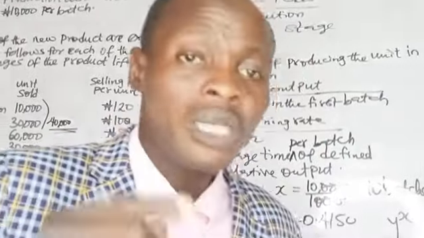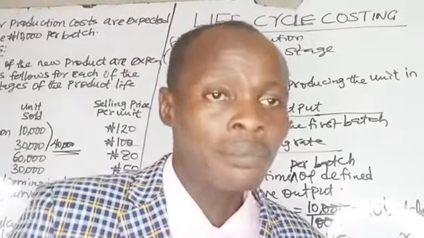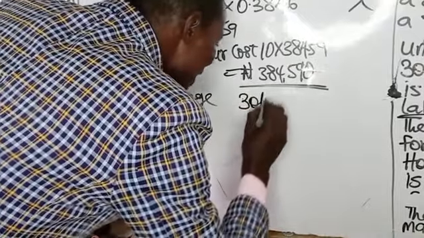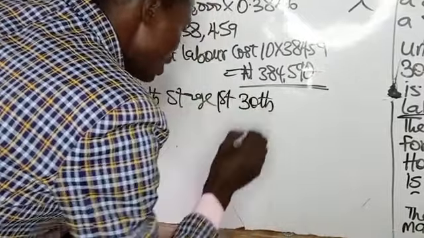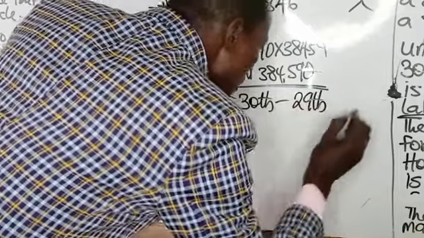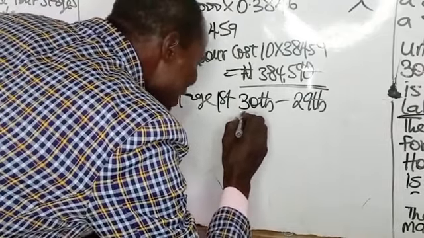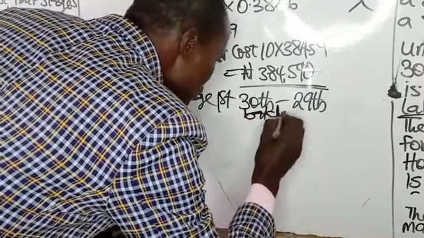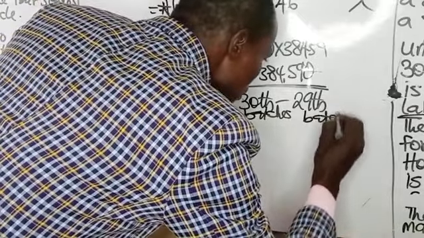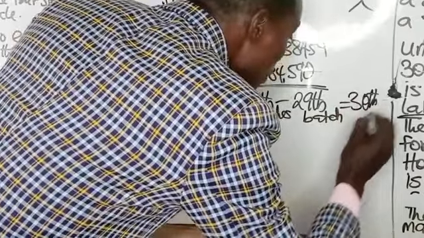To do this, you will need to determine the cost of the first 30 batches, minus the cost of the first 29 batches. If you find the difference between the two, it will give you the cost of the 30th batch alone.